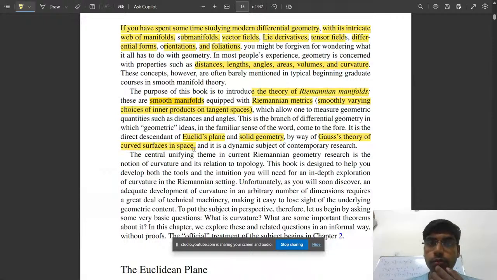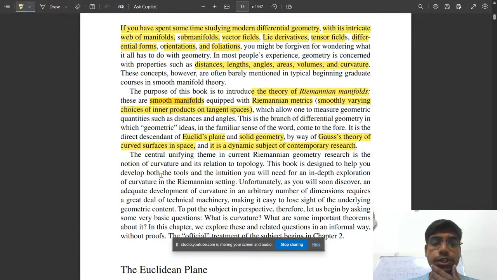But in nature, nothing is Euclidean, right? Nothing is so ideal. So Riemannian geometry has an important role in that sense, right? Gauss's theory of curved surfaces in space is really very important in this chapter, and it is a dynamic subject of contemporary research, right?